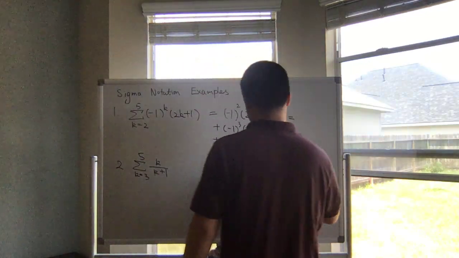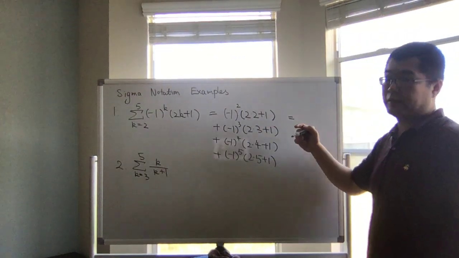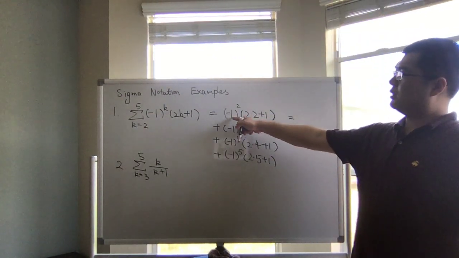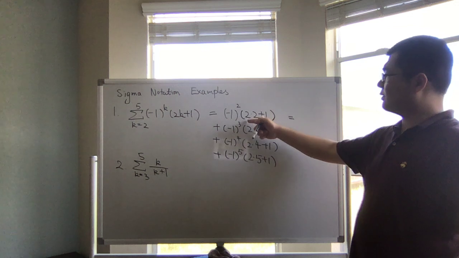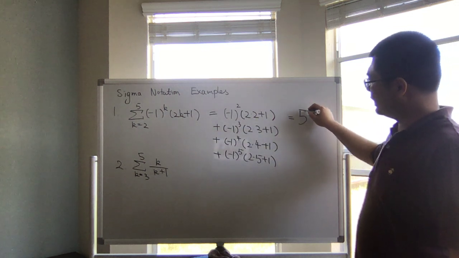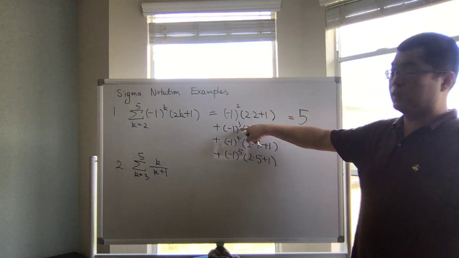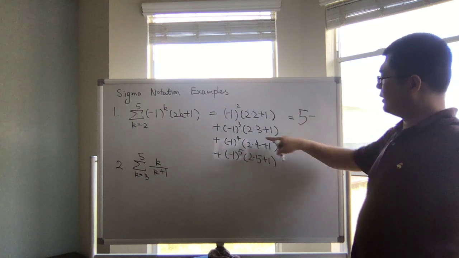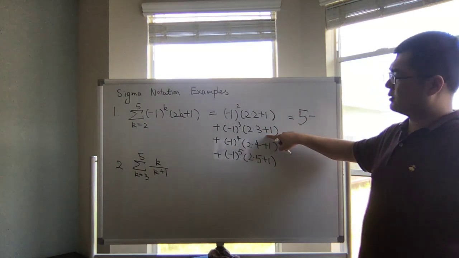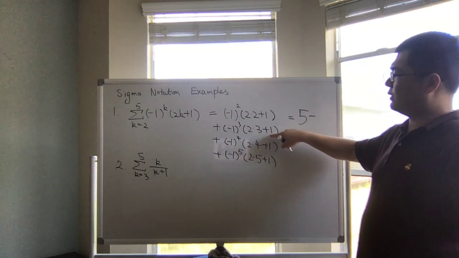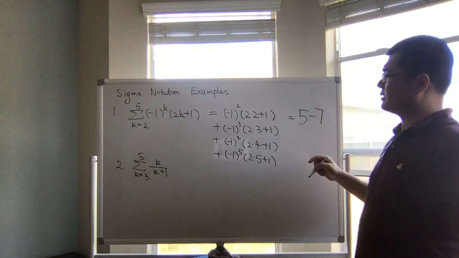And you can see, guys, I can simplify this. -1 squared is positive, and this part is 5. -1 cubed is negative, and inside the parentheses it's 2 times 3 plus 1, which is 7, so it's -7.